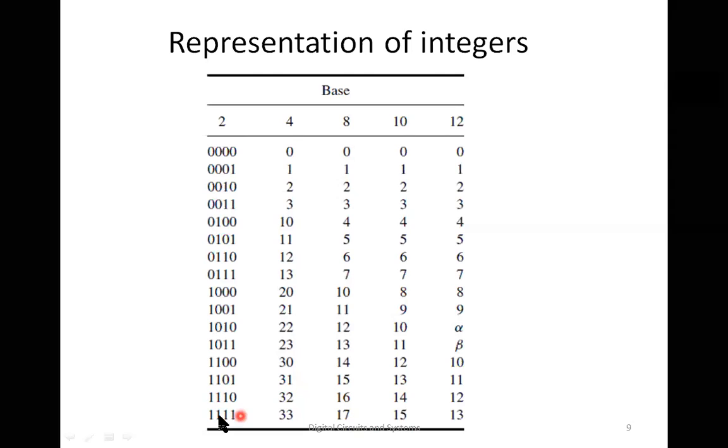Otherwise, 133 in base 4 is equivalent to 17 in base 8, which is also equivalent to 15 in base 10, which is also equivalent to 13 in base 12, which is also equal to 1111 in base 2. That's what this table is telling us.